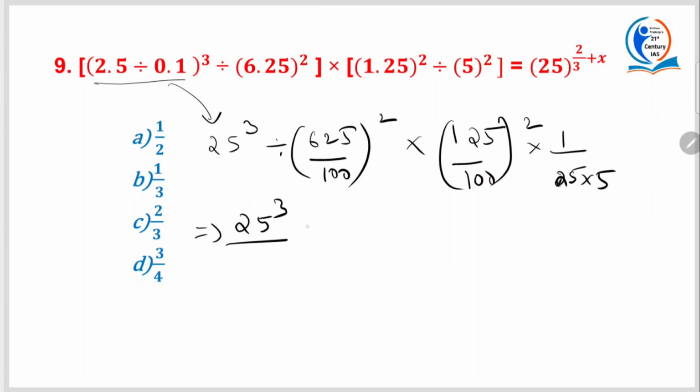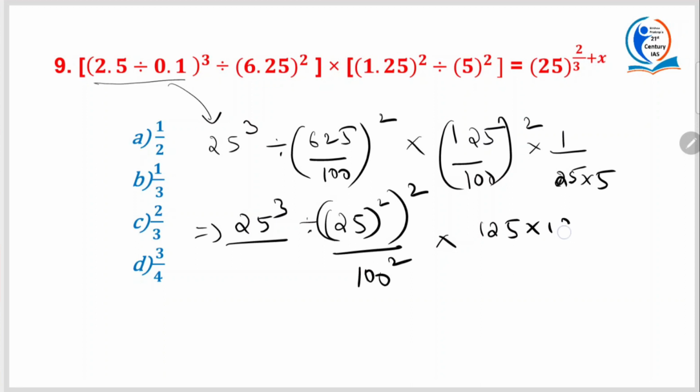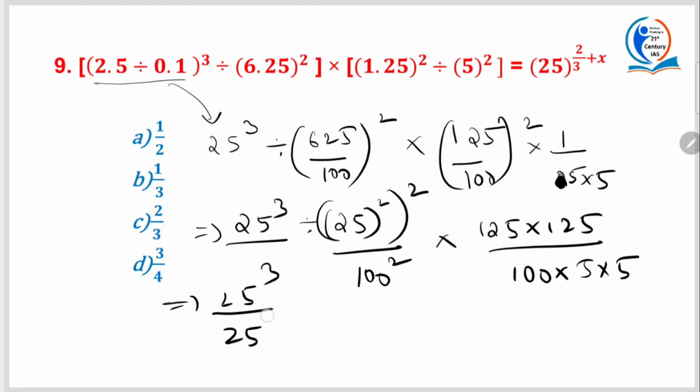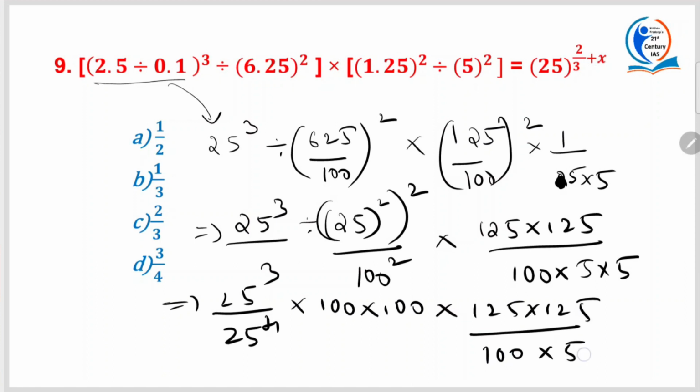Now, 625 can be written as what? 25 square whole square by 100 square into 125 into 125 by 100 into 5 into 5. Okay, so 25 cube by 25 power 4 into 100 square, that is 100 into 100 into 125 into 125 by 100 into 5 into 5.